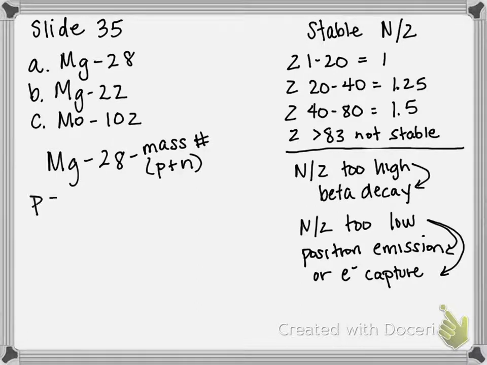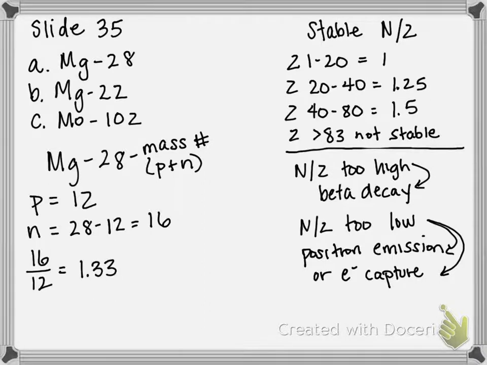Protons are equal to 12, and our neutrons are going to be 28 minus 12, a total of 16. So from here, we can figure out our N over Z ratio: 16 divided by 12 gives you an N over Z of 1.33.